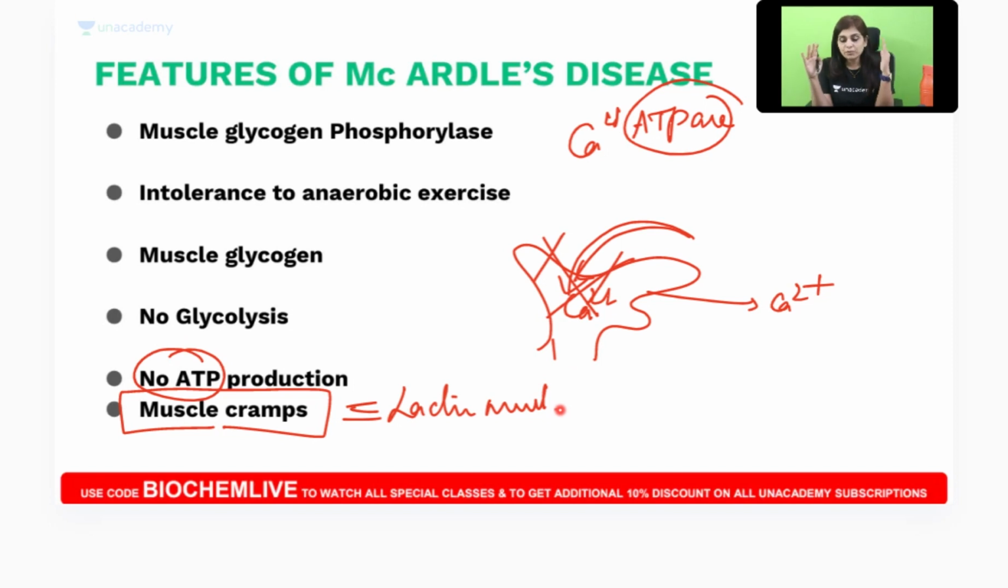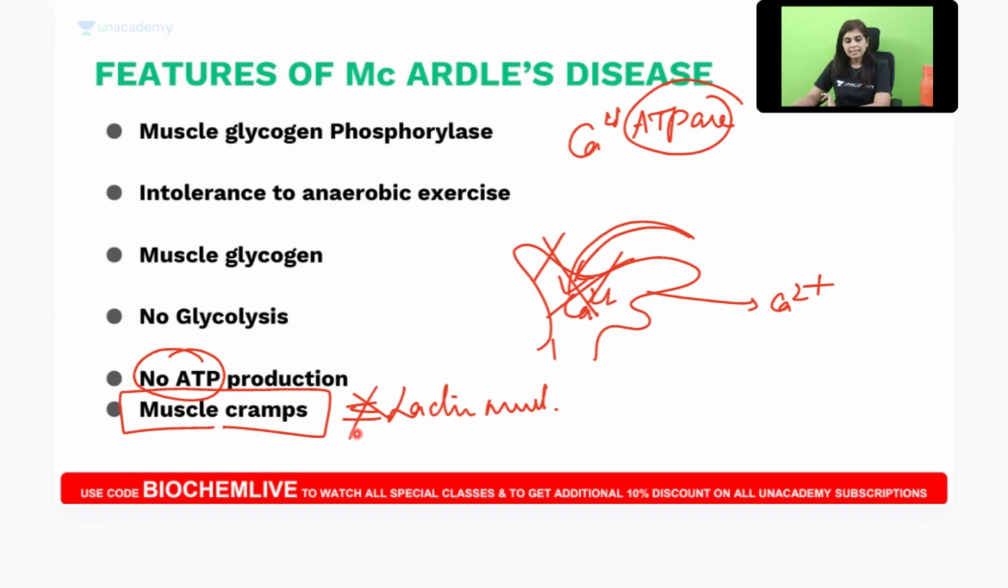The carry home message for today is lactic acid is not the reason. Sodium potassium failure does not cause muscle cramp here, Deekshita. Here the reason is because calcium is not being pumped back. Yes, the sodium potassium ATPase pump can also fail. But it is not because of lactic acid accumulation. What is it because of? It is because of ATP depletion.